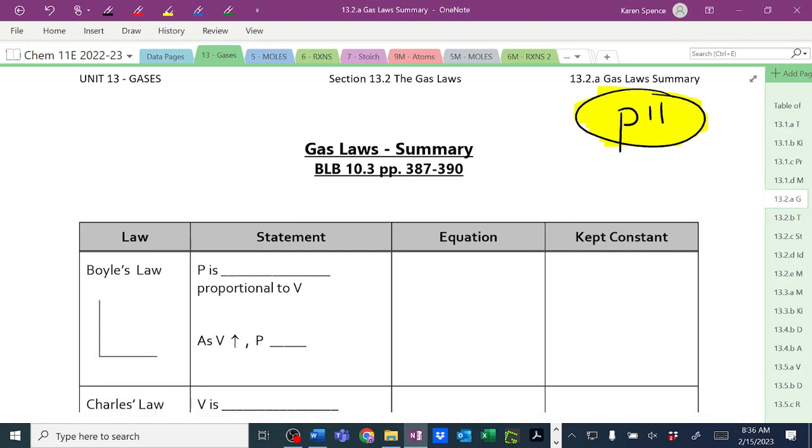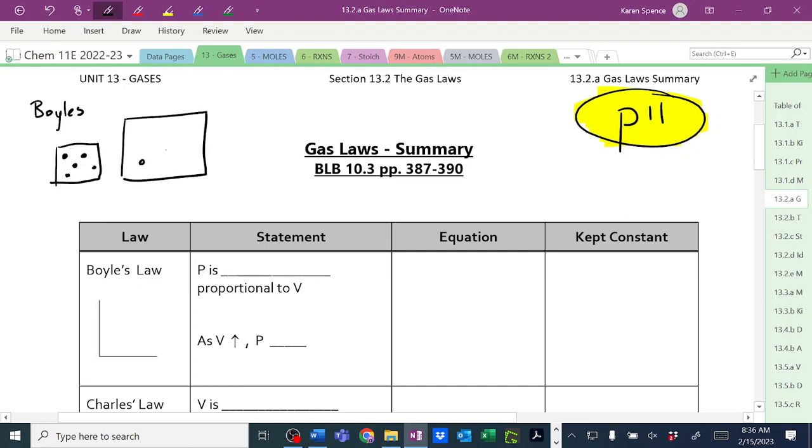So what happens to pressure, this is Boyle's law here, if I take a small container with some gas in it and I make it bigger? What happens to the pressure?